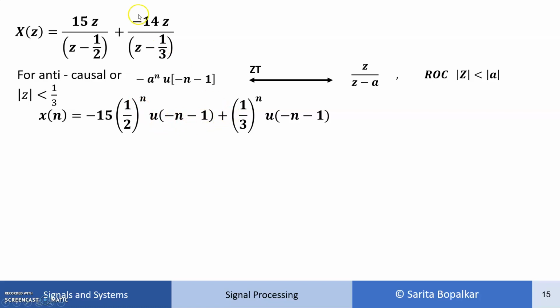Now here, minus 1 by 4 and the inverse is minus 1 by 3 raised to n, so this minus and minus 1 by 4 become plus 1 by 4 times 1 by 3 raised to n u of minus n minus 1. So in the first case, ROC is mod Z less than a, which is 1 half. In the second case, ROC is mod Z less than 1 by 3.